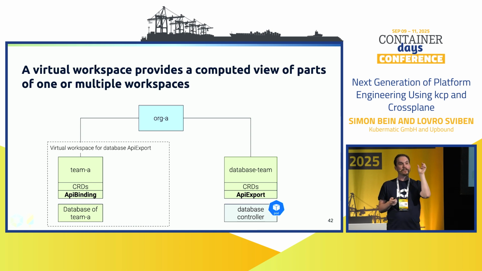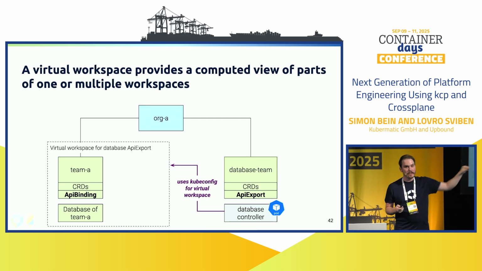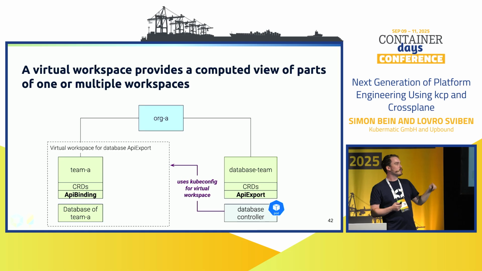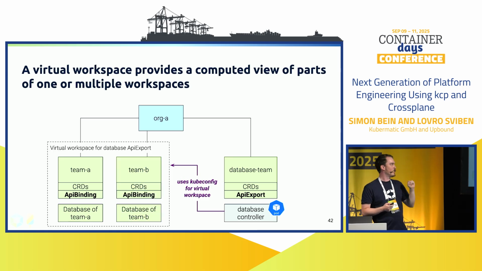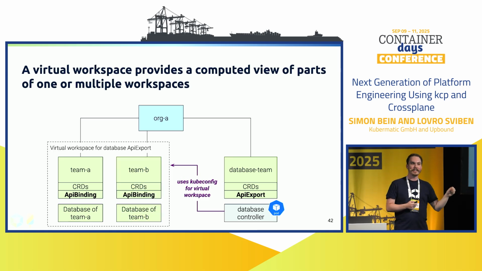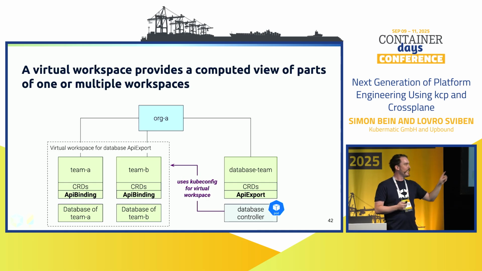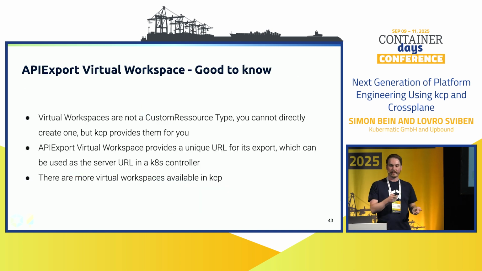It has a unique URL, which can be used in a kubeconfig that you feed into your database controller. If it uses this kubeconfig to watch, it will get notified every time a database is created. And the neat part is, it doesn't only apply to one workspace. If Team B decides, oh, databases are really cool, we want it, the controller automatically watches them too, without you changing anything or even restarting your controller. New events just get added.